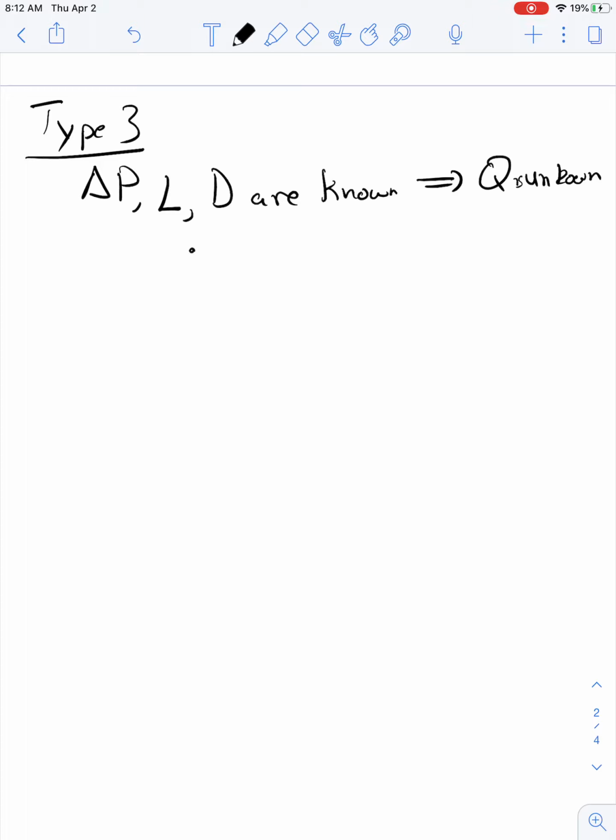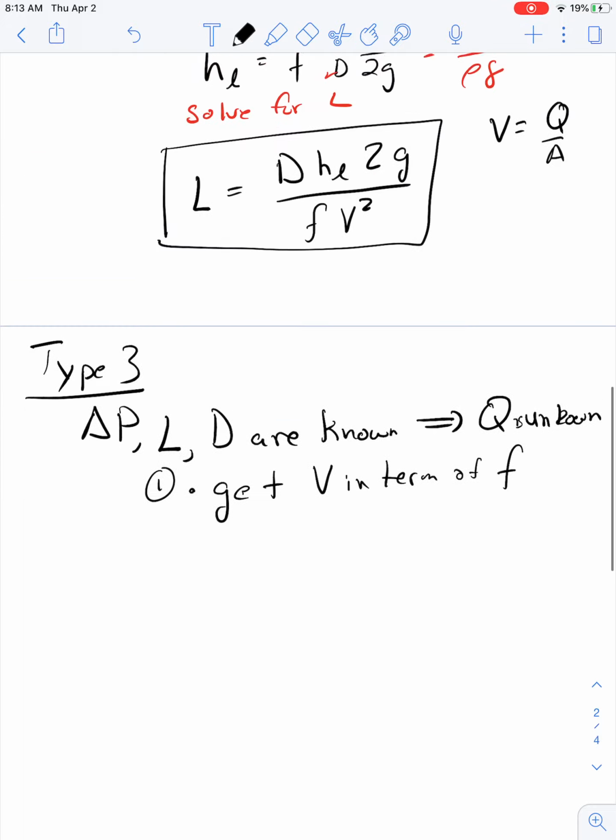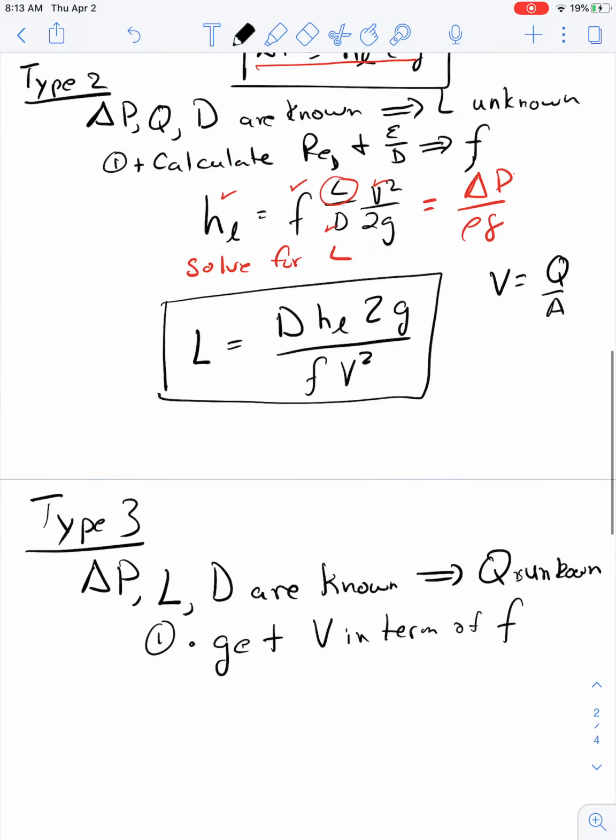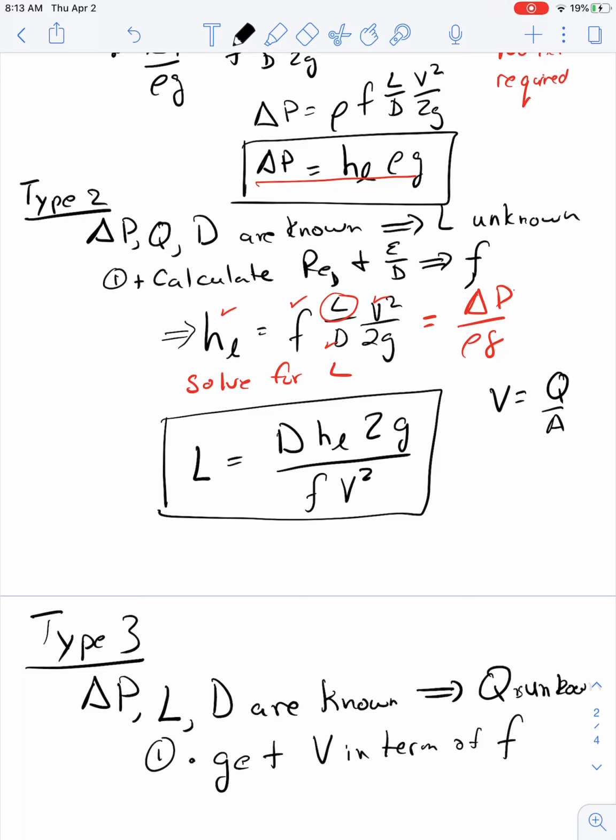What we'll do is, one, we're going to get the velocity in terms of the friction factor. So get V in terms of f. How do we do that? We can go back up to our simplified version of the energy equation.